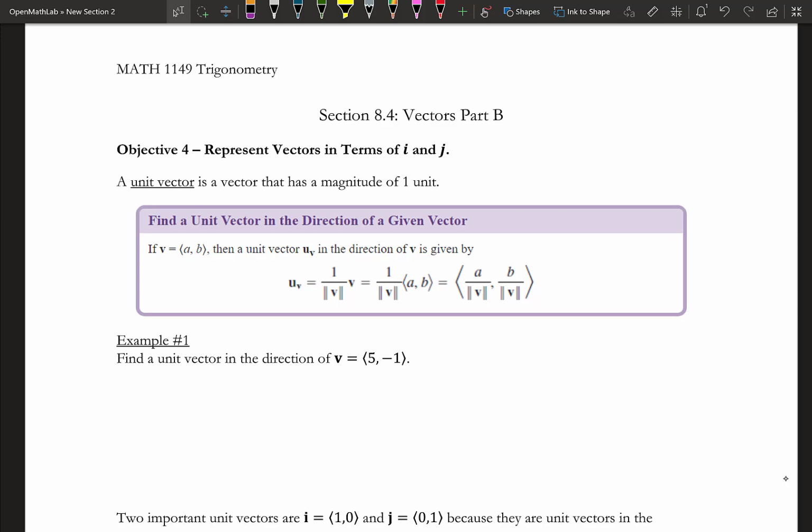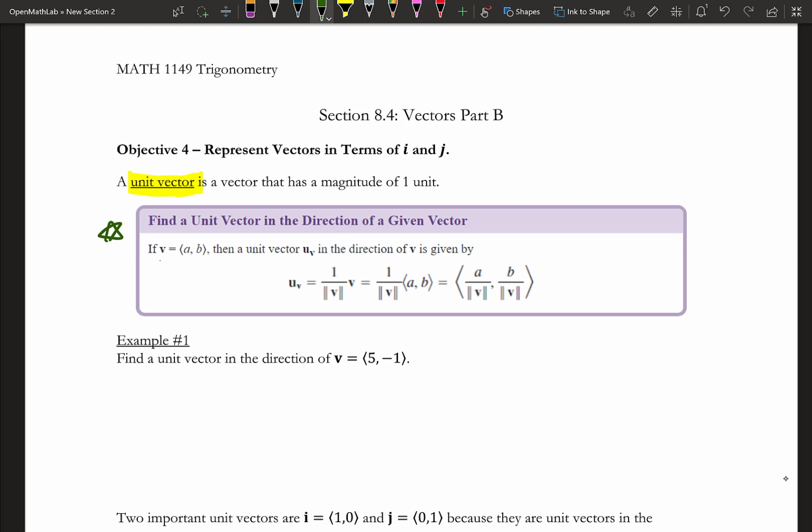So first of all, we have here just the definition of what a unit vector is. A unit vector is a vector that has a magnitude of 1 unit, right? So it has a length of 1 unit. If you look here at this box, if you want to find a unit vector in the direction of a given vector, you do the following.